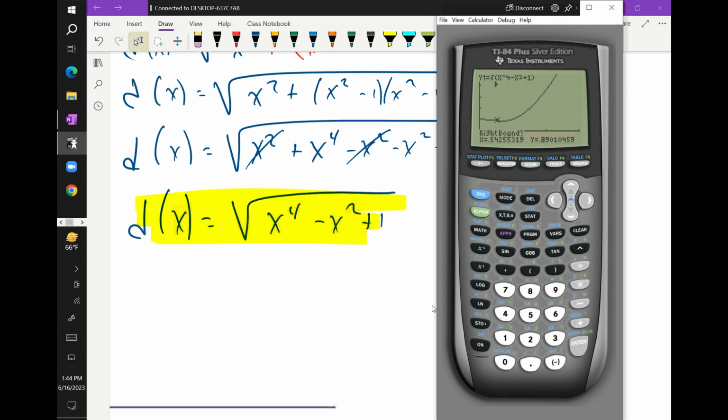So I say yep, that's my left bound. Right bound: currently my y value is at 0.89, then 0.87, 0.86, back up to 0.87, 0.8. Now it's increasing back up. So I'm going to let that be my right bound. And then just a guess there, anywhere we guess is fine. So our minimum value occurs when x is 0.71.